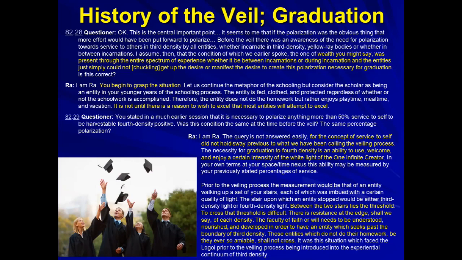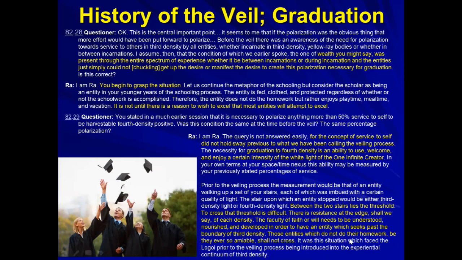Before the veil, you had a very clear idea. And there were nuances to that, but it was much less required. So that was one of the reasons why they progressed so slowly before the veil. The faculty of faith and will needed to be understood and nourished and developed in order to have the entity which seeks past the boundary of the third density progress, in other words, and go to graduation.